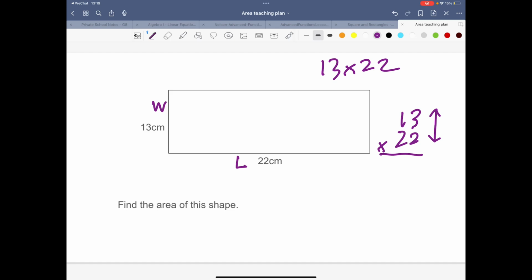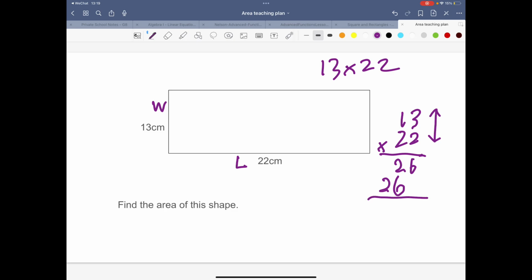So, alright, what's 3 times 2? 6. 1 times 2? 2. And now we advance to the bottom part. 3 times 2 equals 6. So write 6 underneath the 2. And 1 times 2 equals 2, which you write on the left of 6.